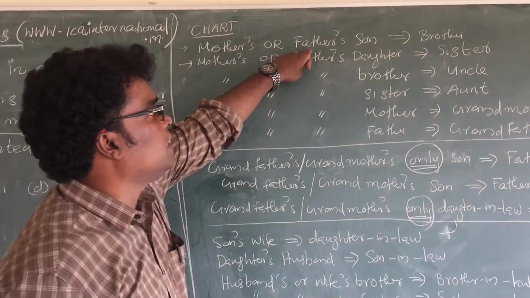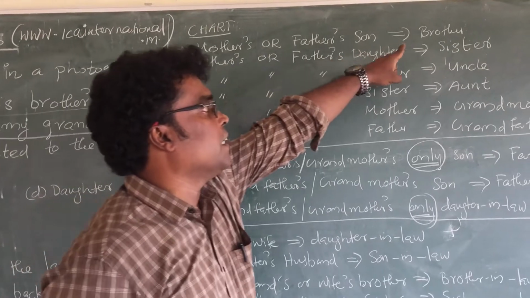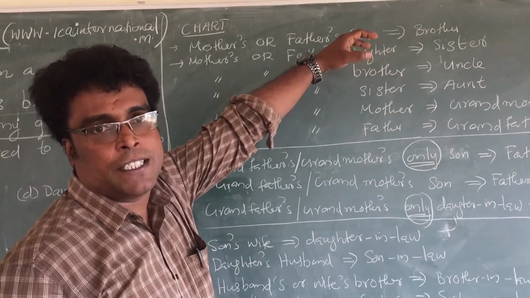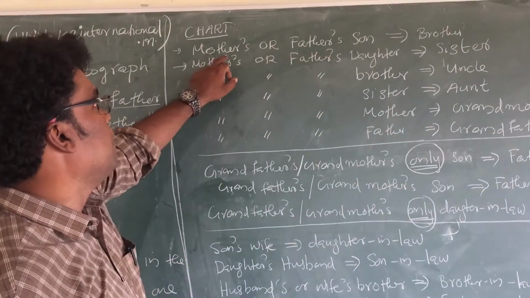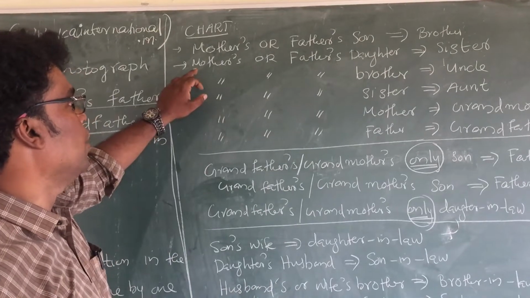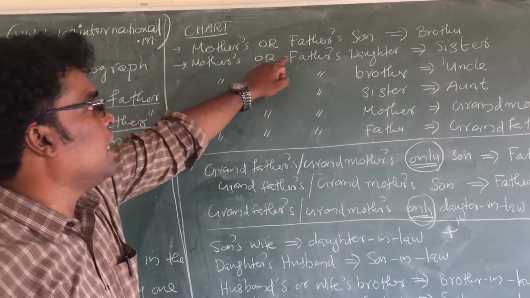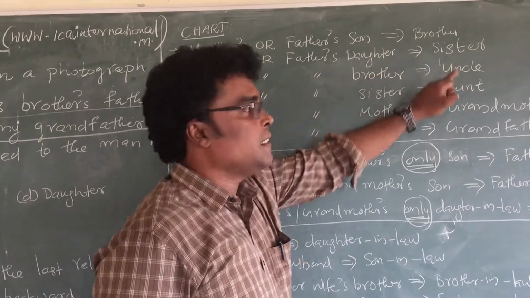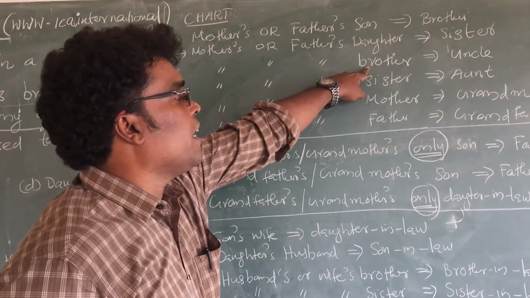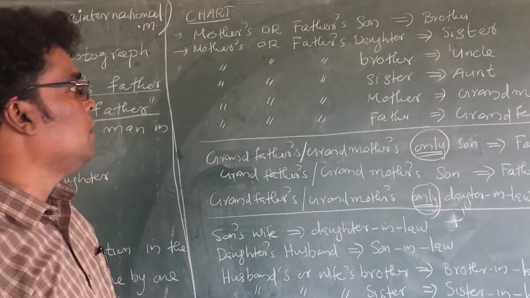Mother's or father's son means brother. Most of this will be familiar to you, but some of them can be tricky, so be careful. Mother's or father's daughter means sister. Mother's or father's brother is uncle.